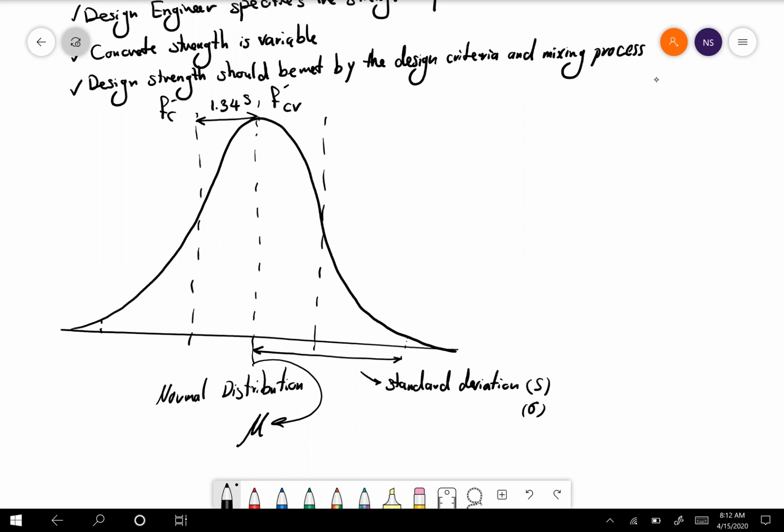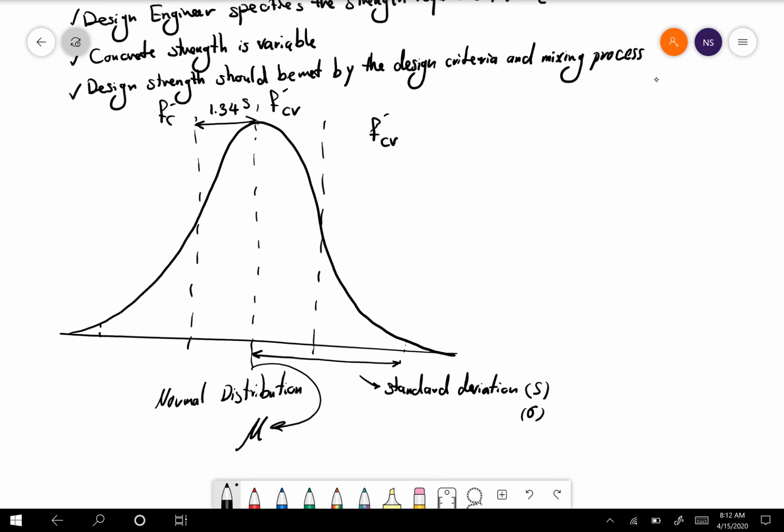So we can formulate this as: F prime C critical, or the average, which we call the average strength for the mix design, is equal to F prime C, whatever we get from the test, plus 1.34 standard deviation.